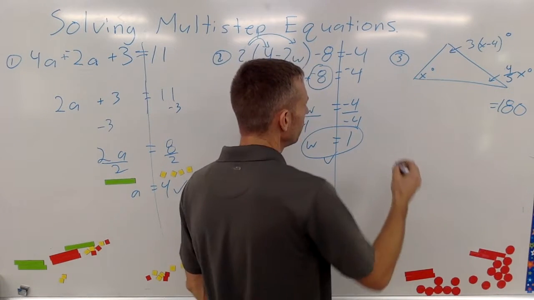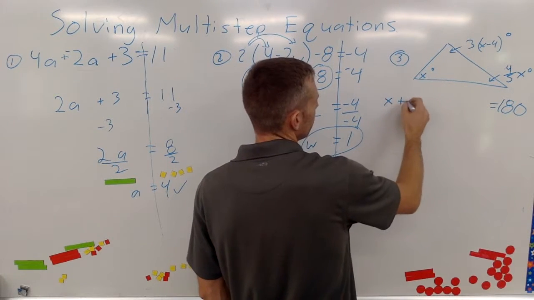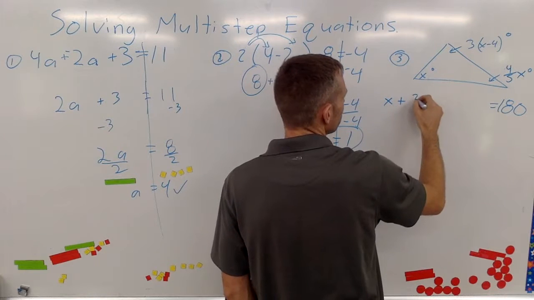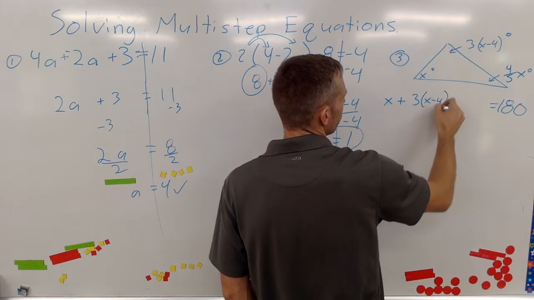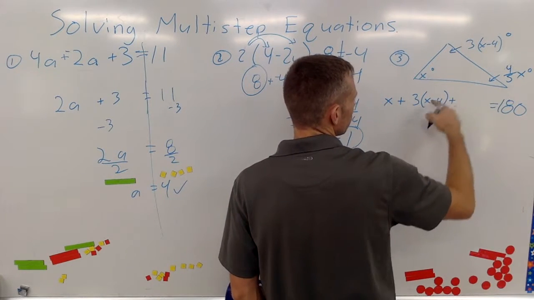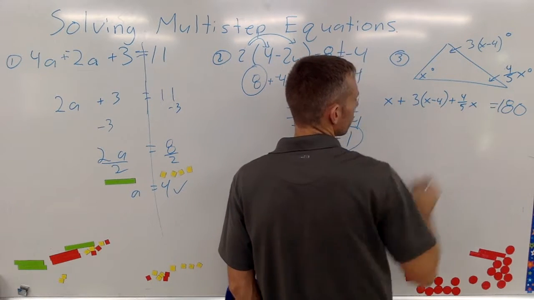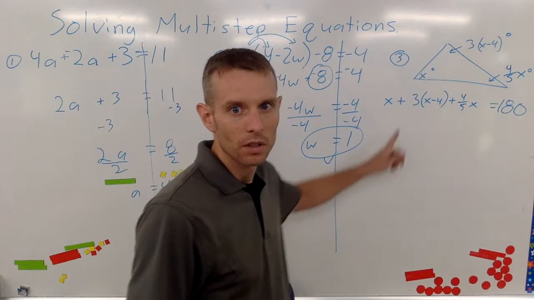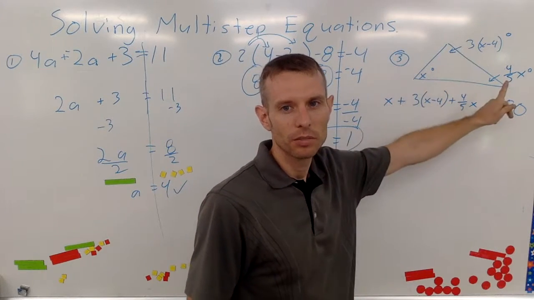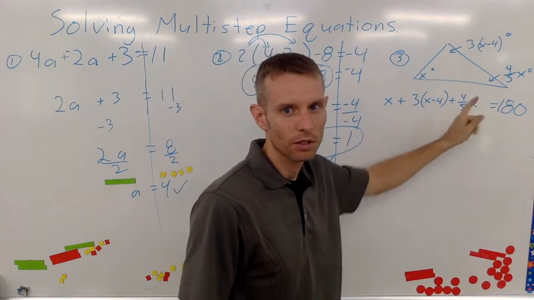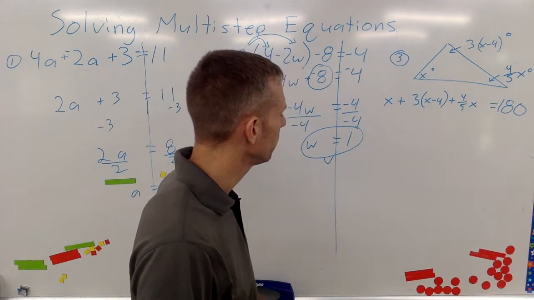So I'm just going to add them up. X plus this angle, which was 3 times x minus 4, plus this angle, which is 4/5 x. This angle plus this angle plus this angle, 1, 2, 3, all add up to 180.